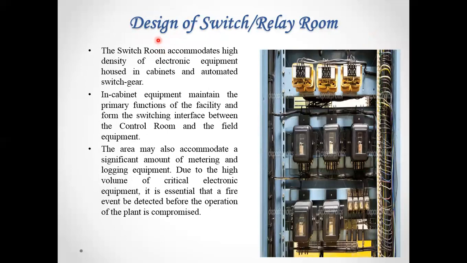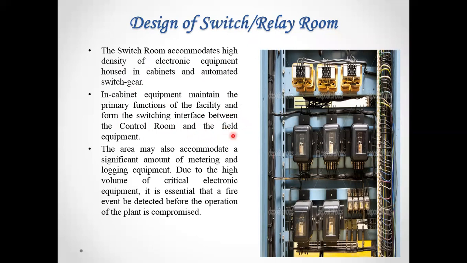Next comes the design of the switch or relay room. The switch room accommodates a high density of electronic equipment housed in cabinets and automated switchgear. In the cabinet equipment, we have to maintain the primary functions of the facility and form the switching interface between the control room and the field equipment.